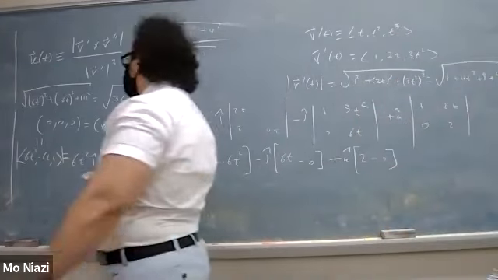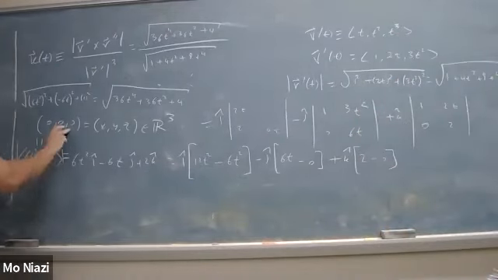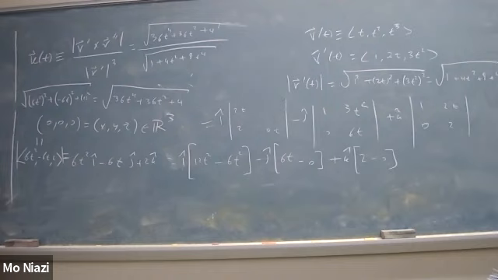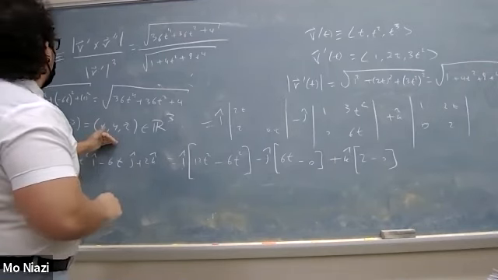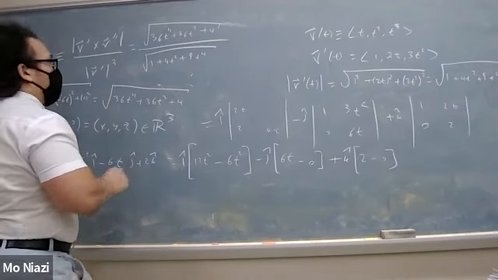But at this value z equals 0, that implies t cubed is equal to 0, which implies t is equal to 0.